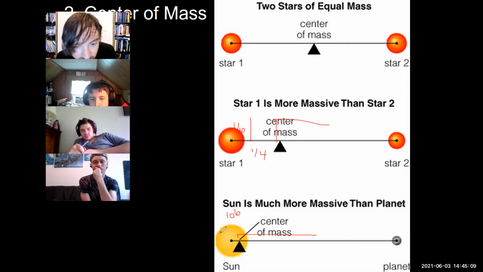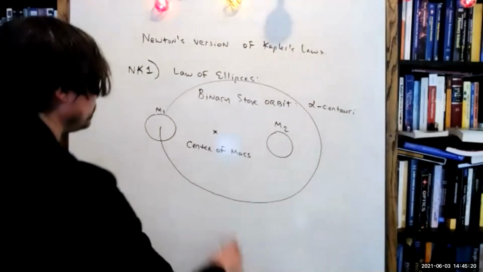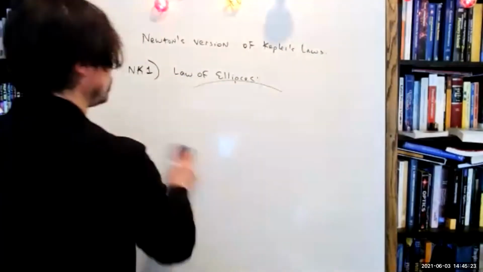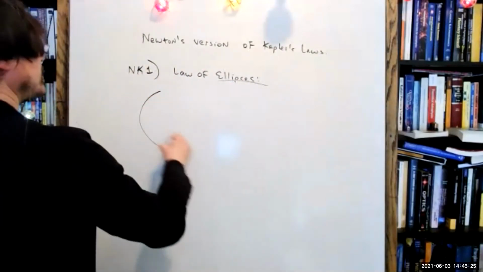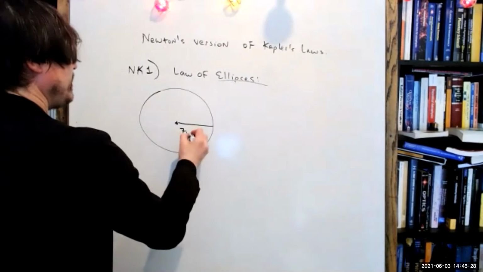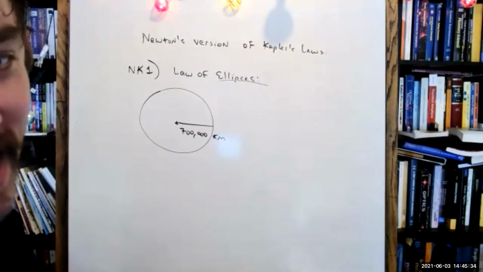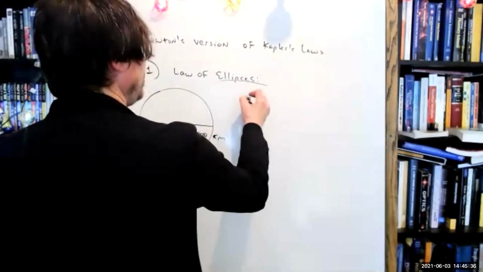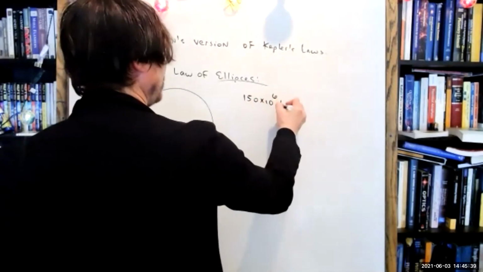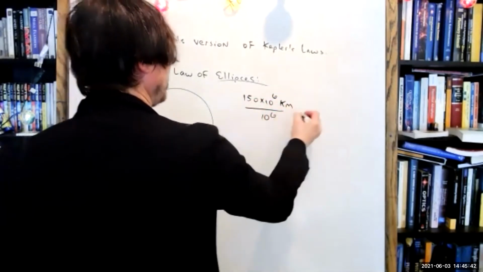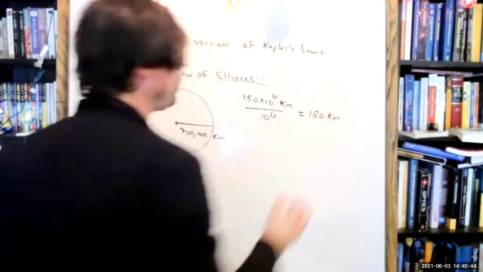Then again, I happen to know that the radius of the sun is 700,000 kilometers, but the center of mass of the Earth-Sun system is 1/1,000,000 of 150 million kilometers, and therefore should only be 150 kilometers from the center of the sun.